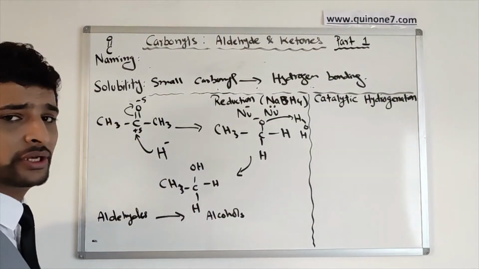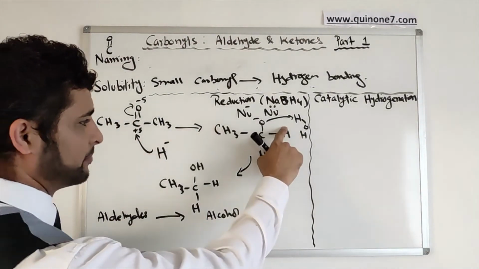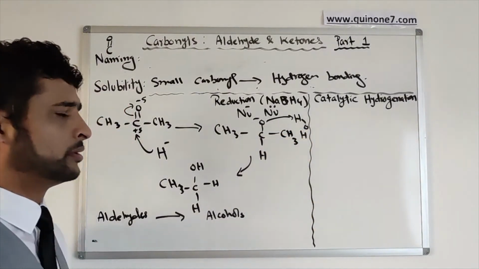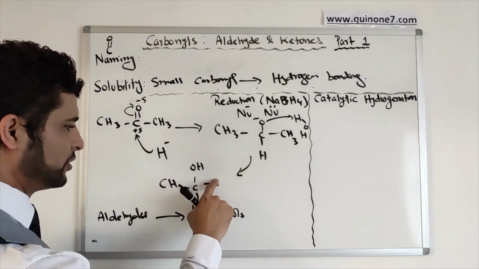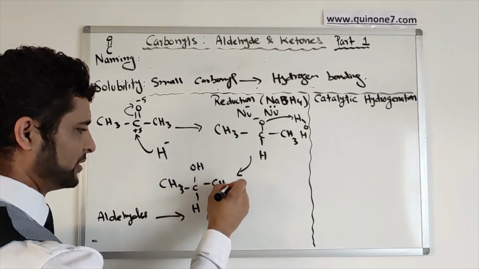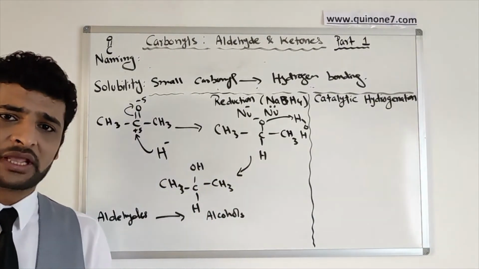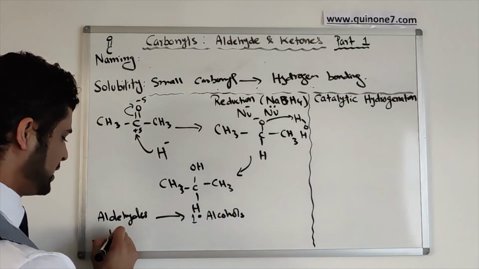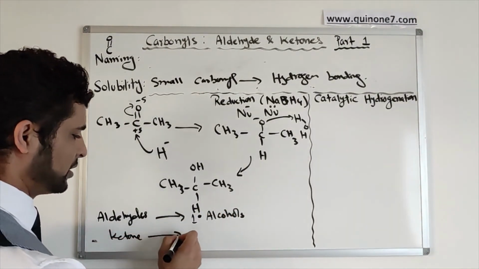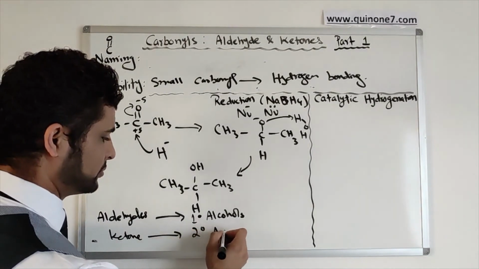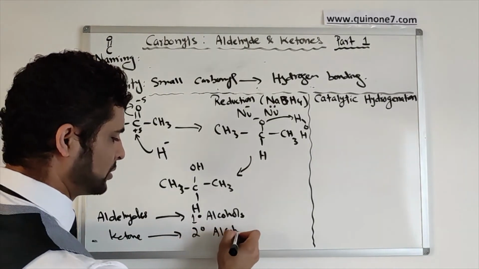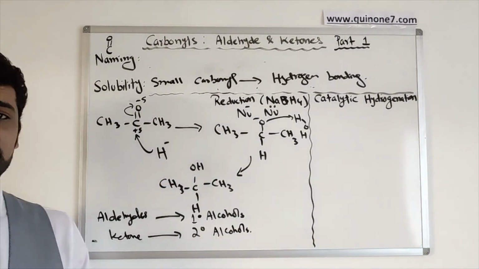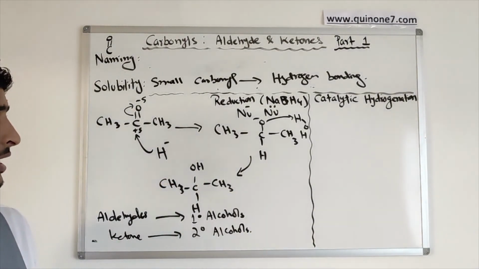Propanone upon reduction will have the same sort of reaction, and it will carry on. The only difference is the CH3 there. And now this aldehyde has produced the primary alcohol, and a ketone will produce secondary alcohols.